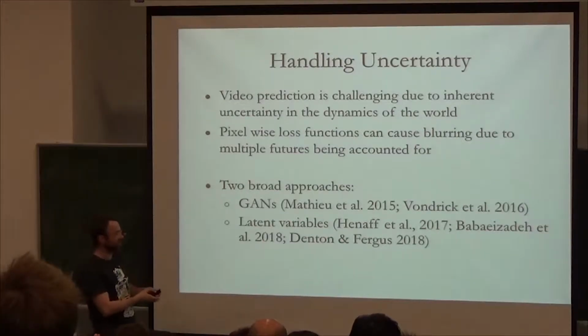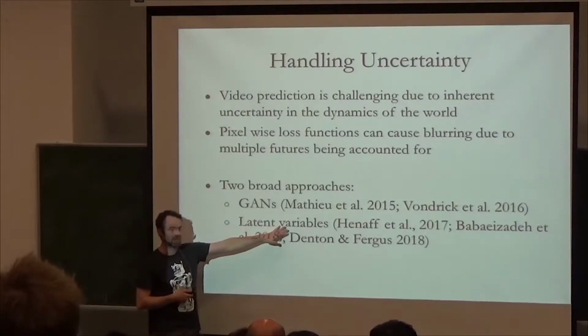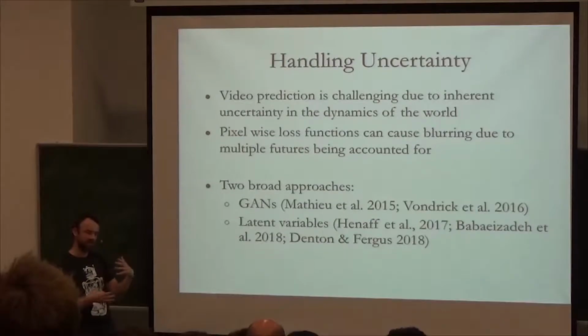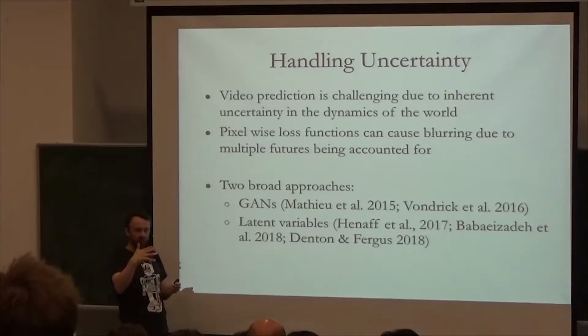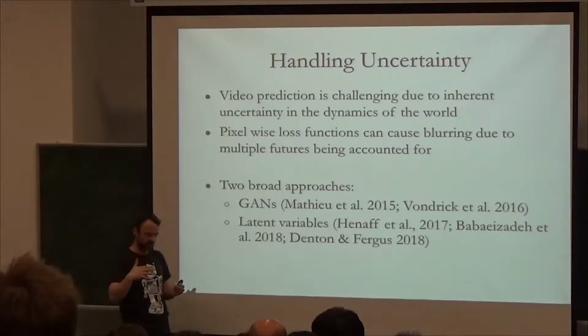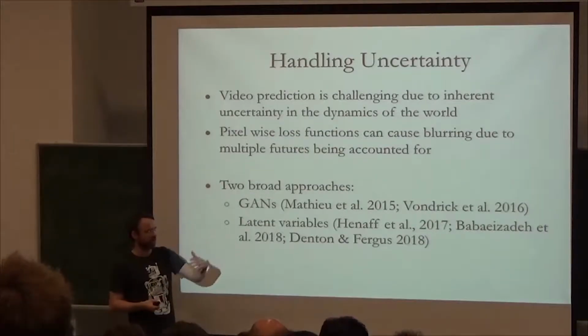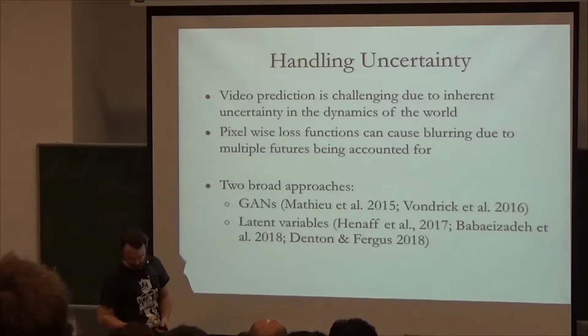The other way is to have some kind of explicit latent variable in your model which accounts for uncertainty. As you change the latent variable to different values, each one encodes a different future in some sense. So if you sample the latent variable, that's like sampling a different possible future outcome conditioned on the previous frames.